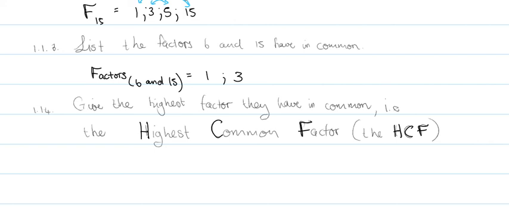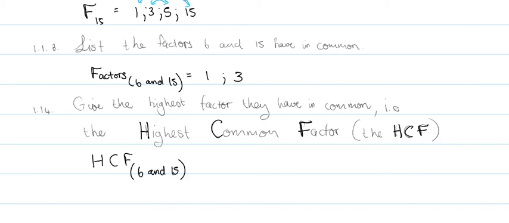Now what is the question? The question says, give the highest common factor of 6 and 15. So I would write this question, and then my answer would look as follows. I would write HCF, and HCF I know is the highest common factor. And I would write here between brackets, 6 and 15.